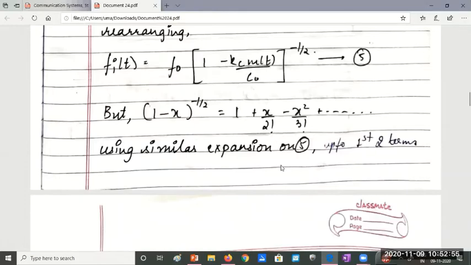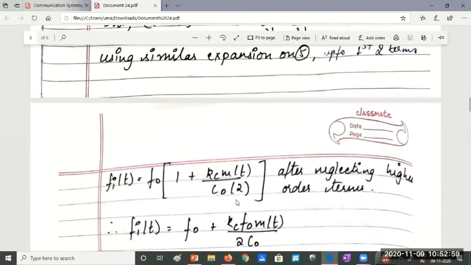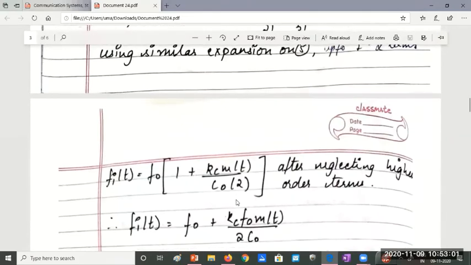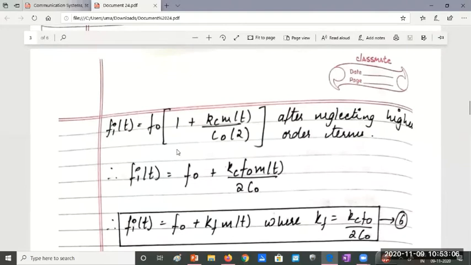So I'm going to get 1 plus kc m of t by c naught into 2, okay, after neglecting higher order terms. Now, this f naught which we had outside, what's the value of this f naught? 1 by 2 pi root LC. This f naught into 1 plus kc m of t by 2 c naught we are going to get.